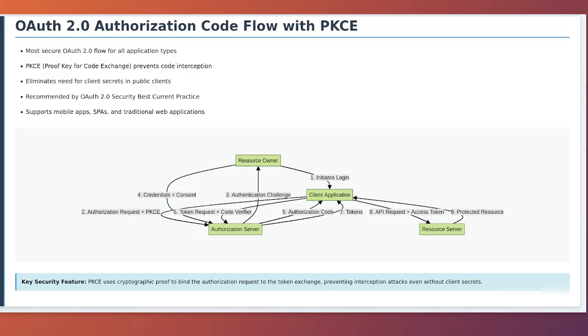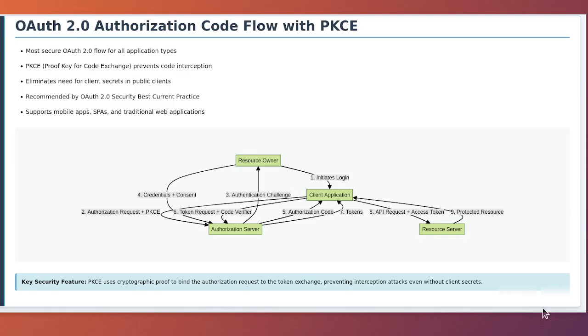In this presentation, we'll walk through every single step of the OAuth 2.0 authorization code flow with PKCE, including the exact HTTP requests with all query parameters, the cryptographic operations for generating code verifiers and challenges, the complete redirect flows, and detailed examples of access tokens, ID tokens, and refresh tokens.